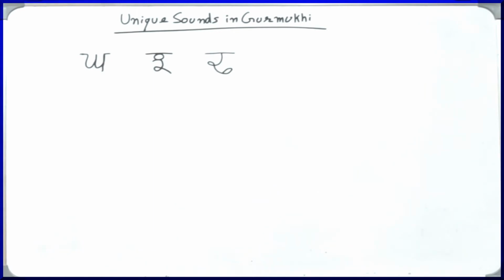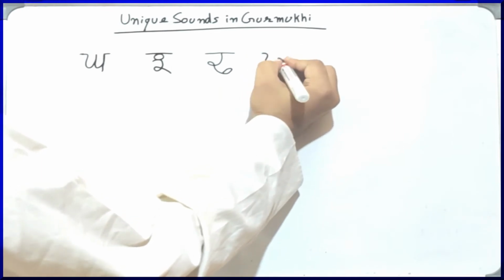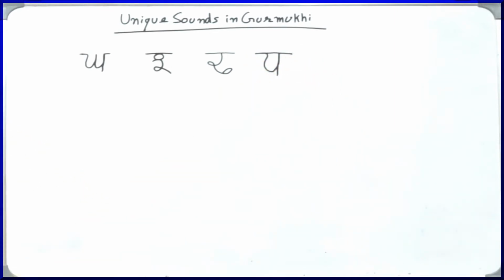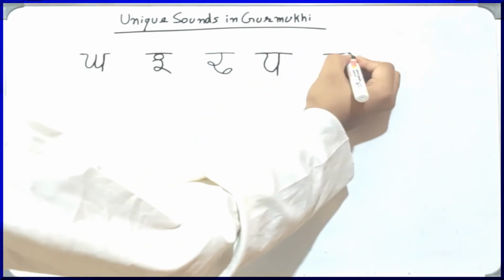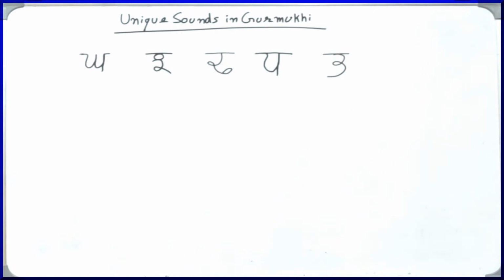It gives the sound of T. The fourth one is Tadda. It gives the sound of T. The fifth one is Pabba. These are the 5 letters which give us the unique sounds.